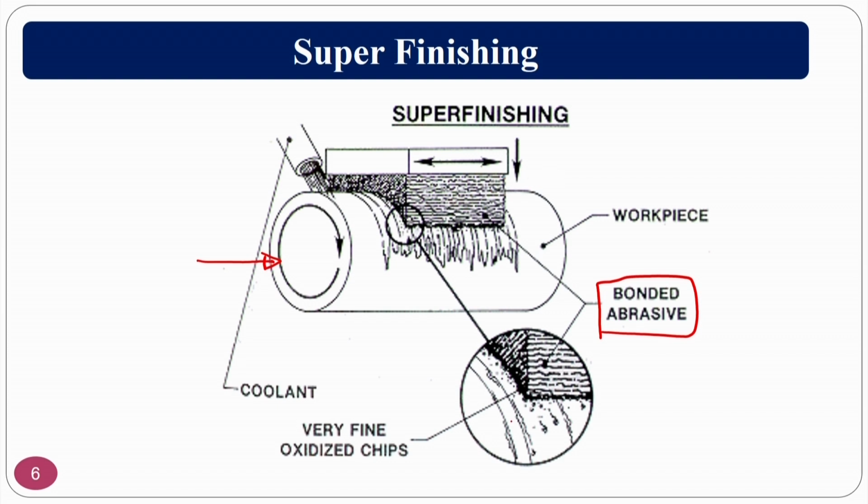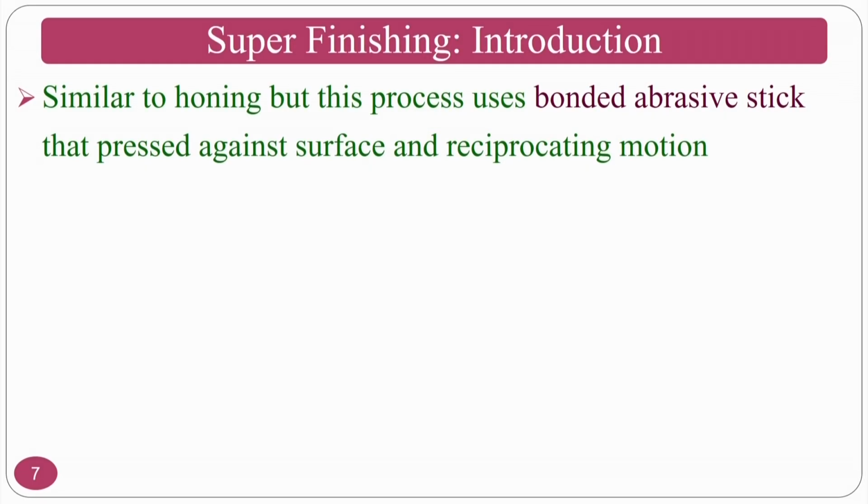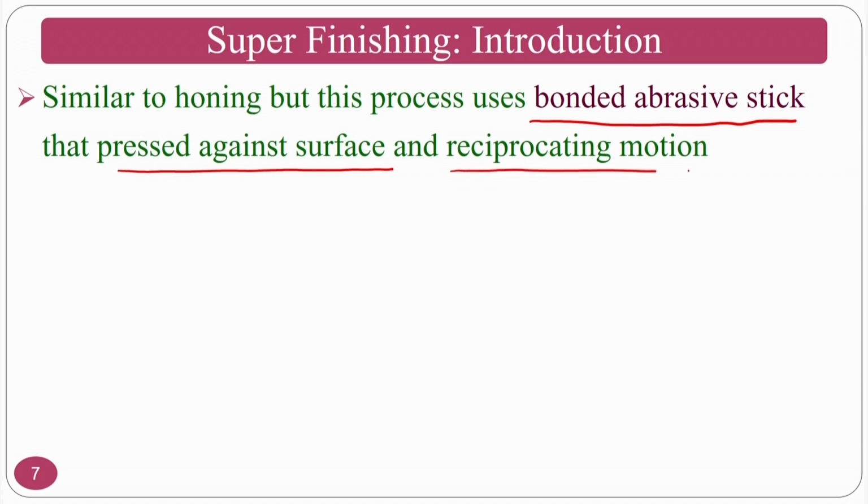You will put some coolant or lubricant to handle any temperature generation and the flushing of chips, so you always put the cutting fluid or coolant here. Super finishing is similar to the honing process, but it uses a bonded abrasive stick that is pressed against the surface, and a reciprocating motion is provided to it.